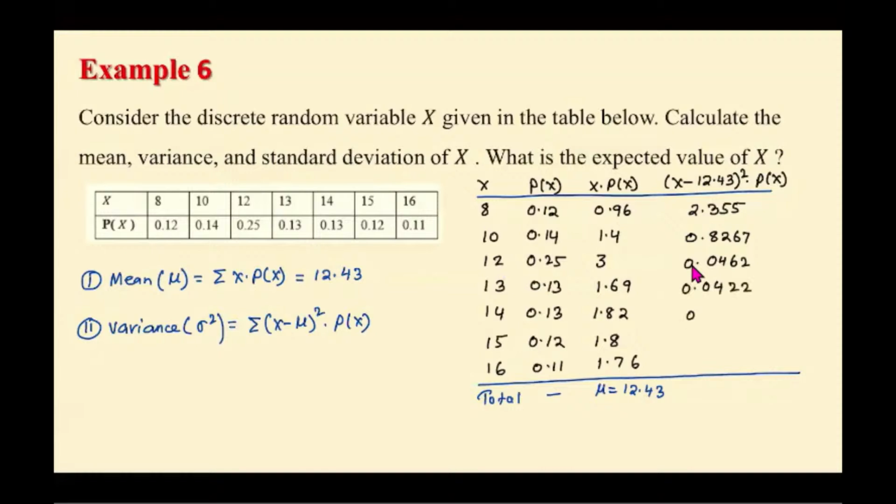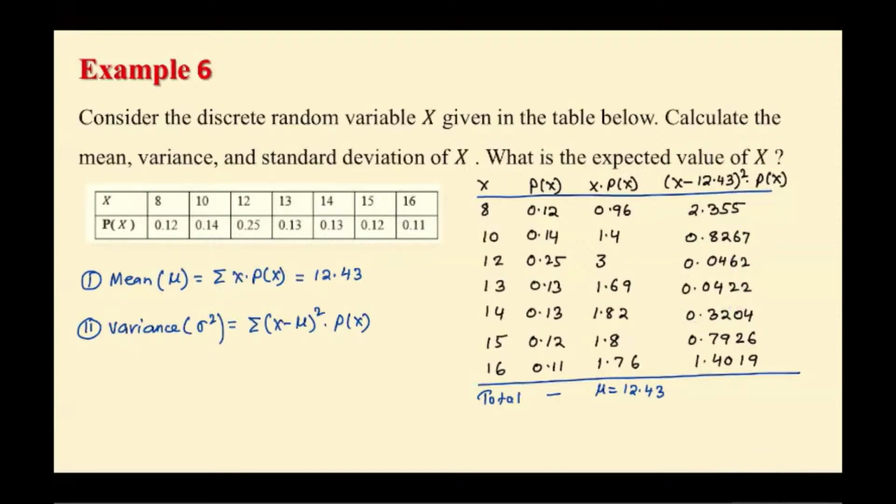Next one we'll get 0.3204. The second last value will be 0.7926. And finally, the last one will be 1.4019. And now we can add all these values, and that will be our variance.